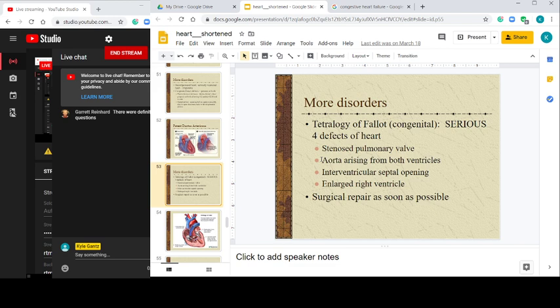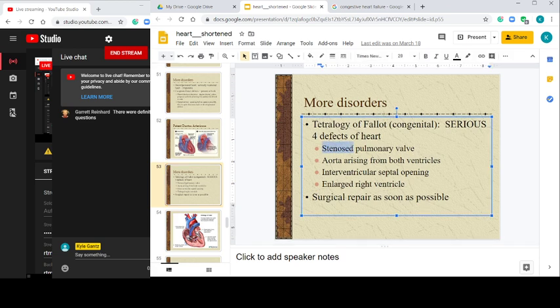Okay, so a stenosed pulmonary valve. What stenosis means is that things are smaller than they should be. All right, so if the pulmonary valve is smaller than it should be, so let's say it's supposed to be the size of a nickel, but yet now we're looking at it, it's about a quarter, and now it's the size of a dime.